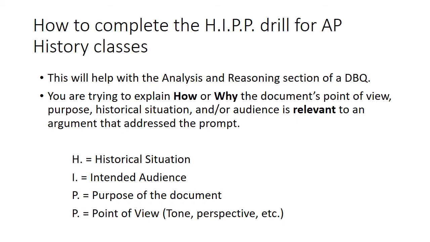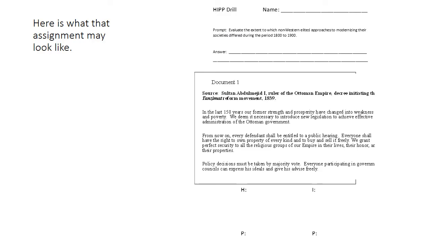Let's move forward. Here's what the HIPP drill looks like when you come into my classroom: name, prompt, your answer to the prompt. I think to do this any other way really hurts you. You've got to have a prompt with any HIPP drill that you do.